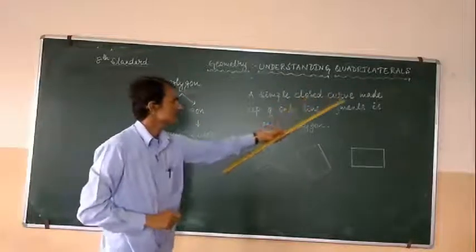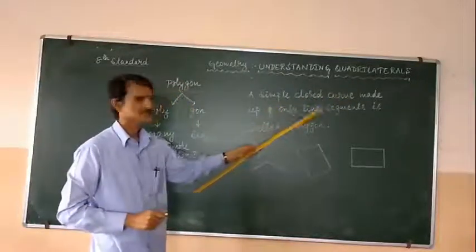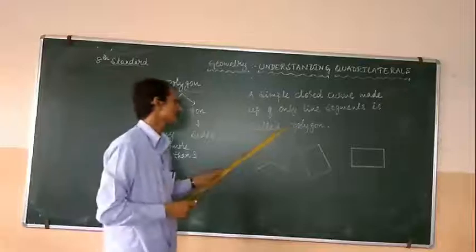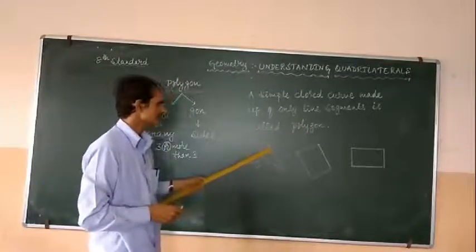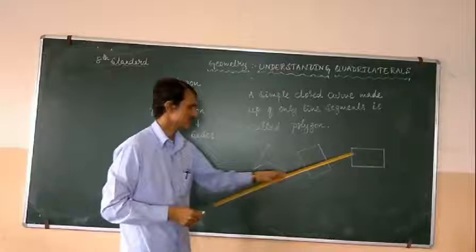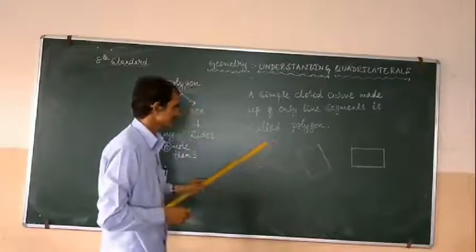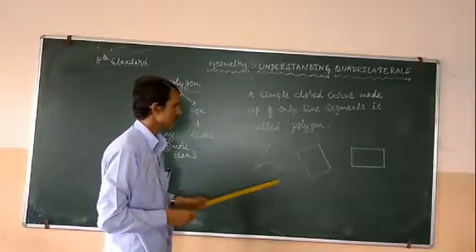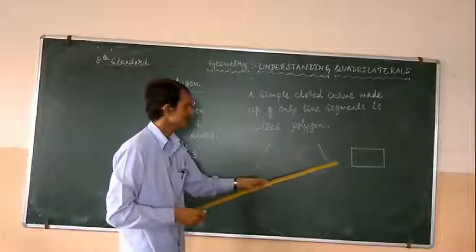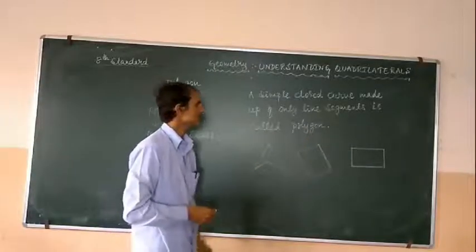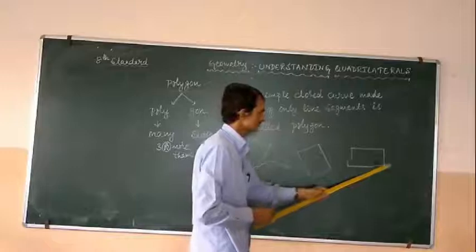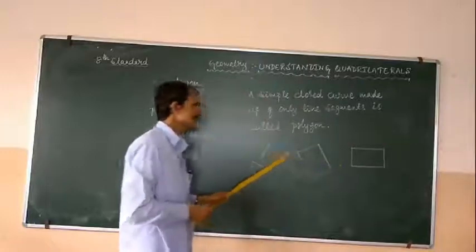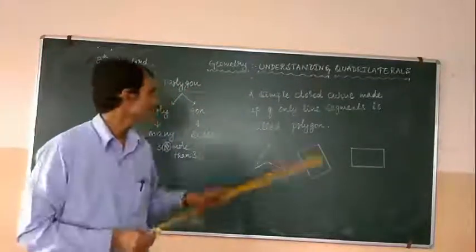Closed curves made up of only line segments are called polygons. For example, if you observe these figures, the line segments are closed. This type of plane figure is called a polygon.